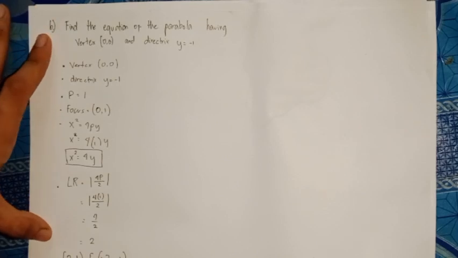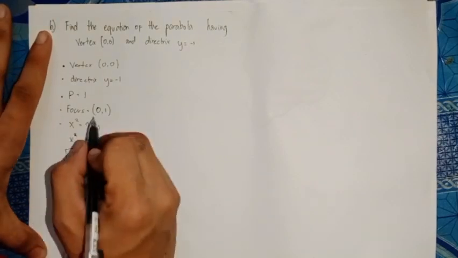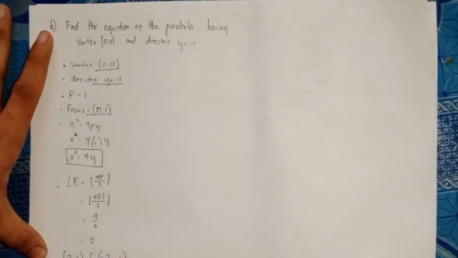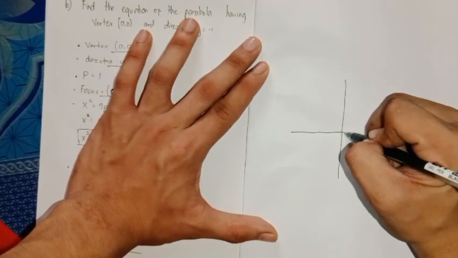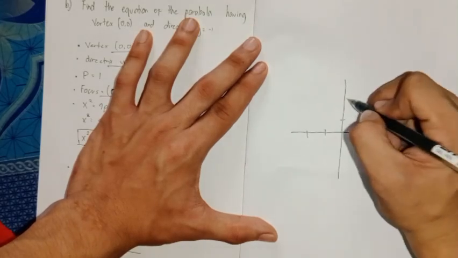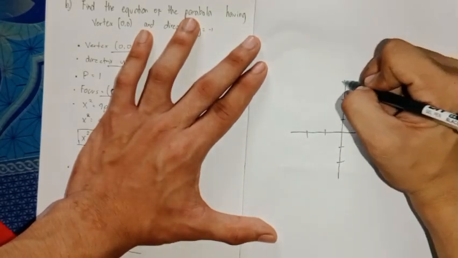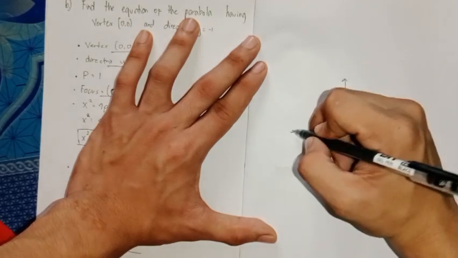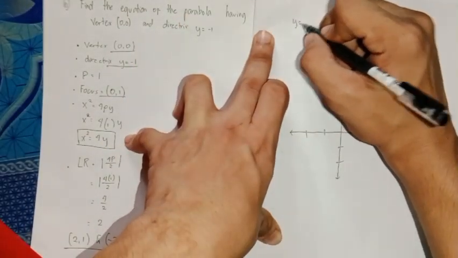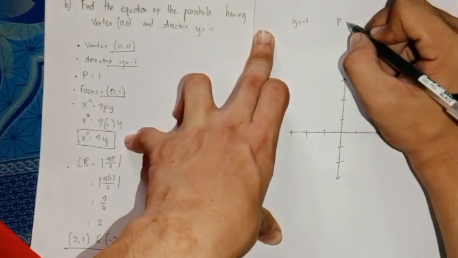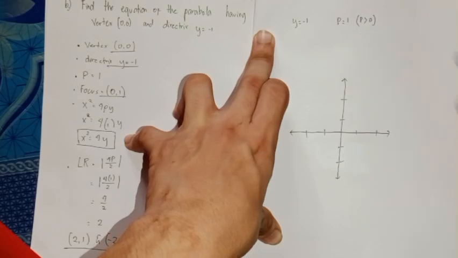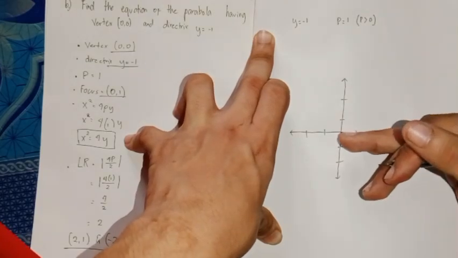Now, since we have the latus rectum, the focus, the directrix, and the vertex, we can now graph the parabola. Again, since the directrix is y is equal to negative 1 and p is greater than 0, our parabola opens upward.